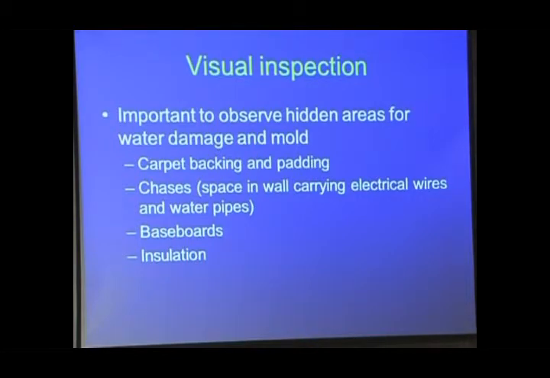So visual inspection is really key, and it's important to observe hidden areas for water damage and mold. So carpet backing and padding, so pulling up the carpets and looking for mold or water underneath them is important. What are called chases. Chases are the space in the wall that carries the electrical wires and the water pipes, and often water can get into those chases, and you may not see it, but it can then serve as mold, and I'll show you pictures.